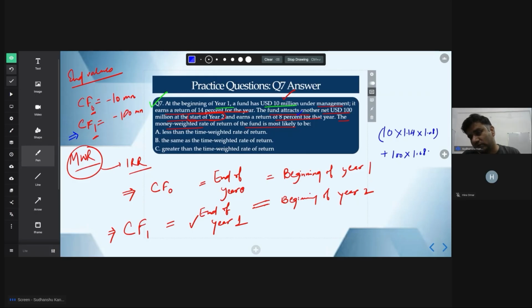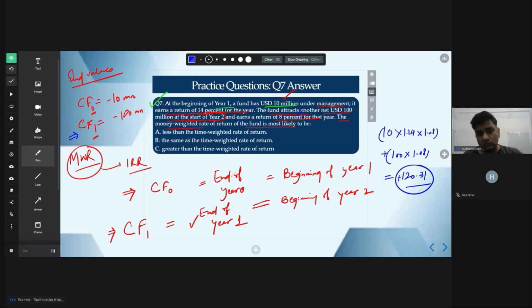Now if I just solve this, because the numbers are very simple, if I just multiply and solve this, I get the value 120.31. In my calculator I get the value 120.31. So this value is the ending value, and this is your plus value.